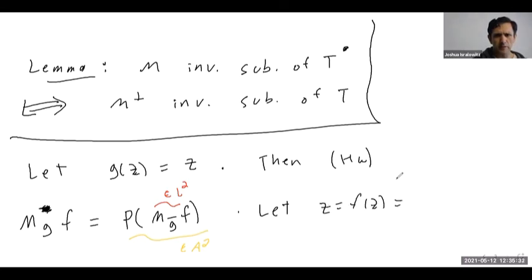So let's say f of z is z, and certainly this is in N. I guess I had M before, but let's say N is a closed subspace.